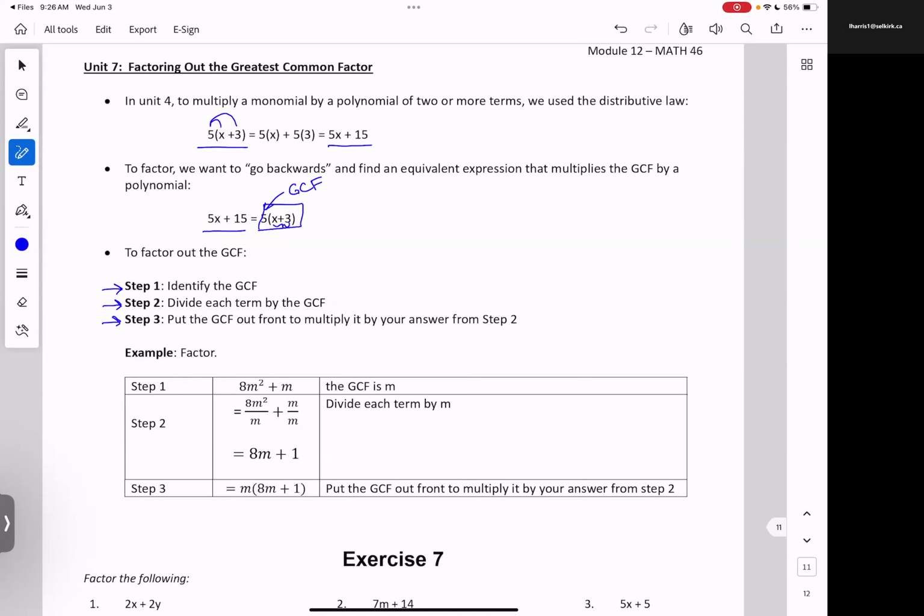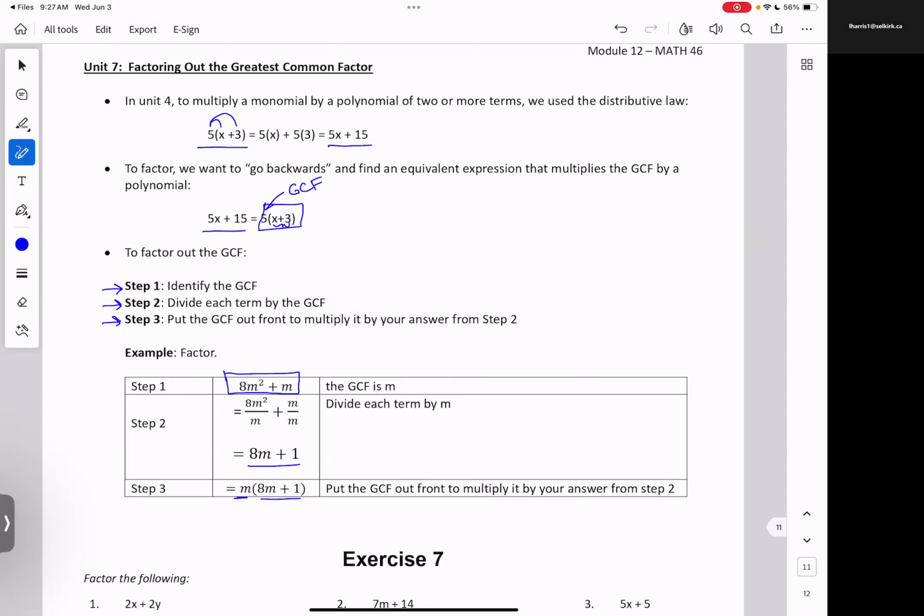So for example, we've been asked to factor 8m squared plus m. Step 1, we want to identify our GCF, which here is m to the power of 1, or simply m. Step 2, we're going to divide each of those terms by m, which gives us 8m plus 1. Then we put the GCF out front, so we put this m out front of our 8m plus 1.